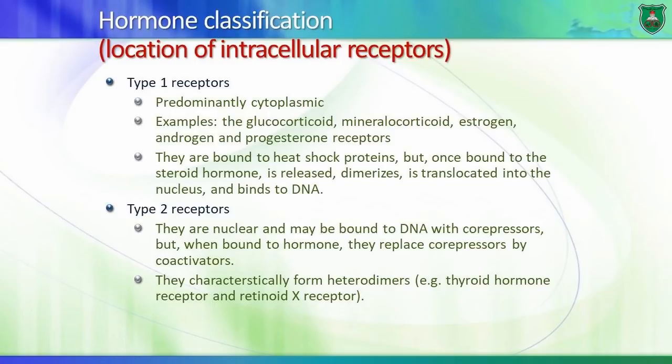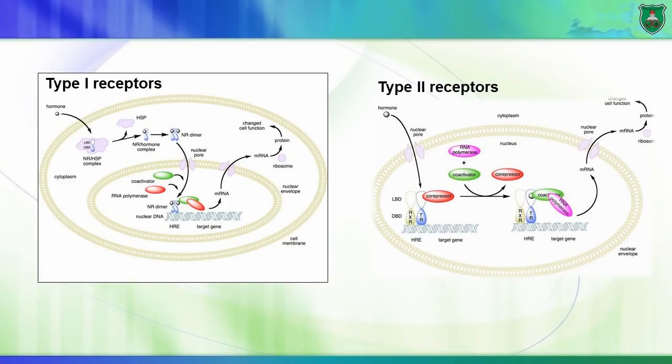It goes into the nucleus, and the hormone binds to the DNA-bound receptor, replacing the co-repressors with co-activators. And you have induction of gene expression. Usually, these receptors bind in a heterodimer fashion. For example, the thyroid hormone receptors can bind to the retinoid X receptor. So these are heterodimers. But they can also form homodimers as well.